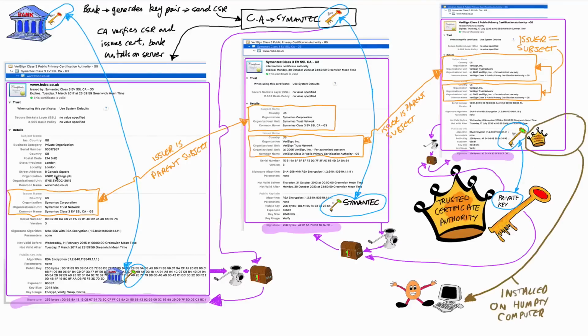That is all done using what's called a certificate trust chain. I think the best way to describe it is to describe the workflow by which this certificate document is first created. Where does it come from? How is it generated? That hopefully will explain how the trust chain works, and how ultimately Humpty can trust that this public key belongs to HSBC.